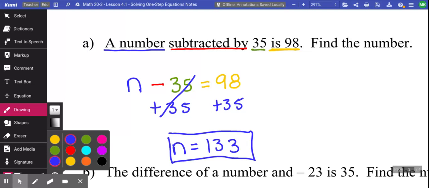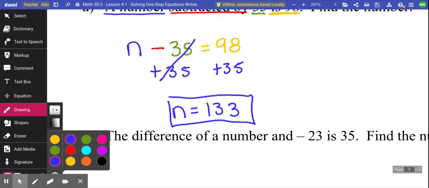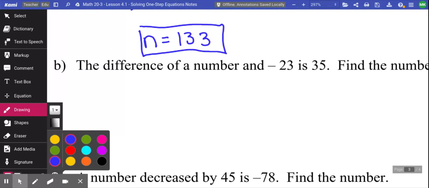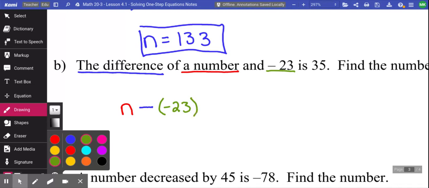Sometimes they use words we haven't seen in a long time. So for instance, in B, the difference means subtraction. Yeah, so difference is subtracting. So the difference of a number, so we put n here, and negative 23 goes right there, is 35.